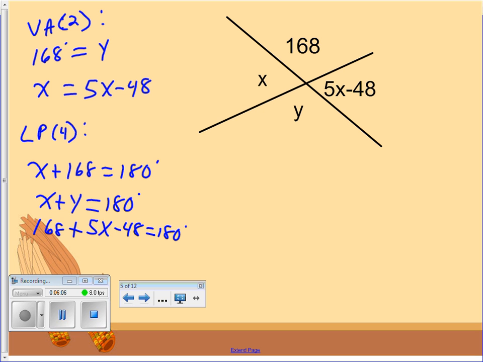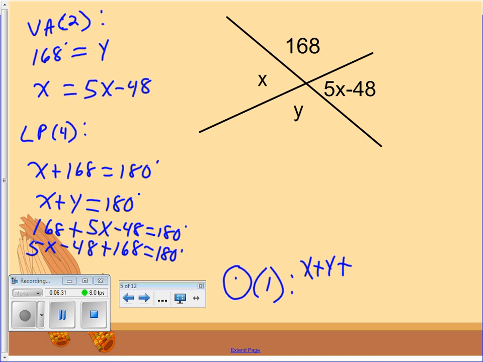And then my last one for linear pair is going to be 5x minus 48 plus y is equal to 180 degrees. And then my last one that deals with my circle, I'm going to write even though we're not going to use it, but I still want you to get in the habit of thinking about this equation. You're going to have x plus y plus 5x minus 48 plus 168 is equal to 360 degrees.